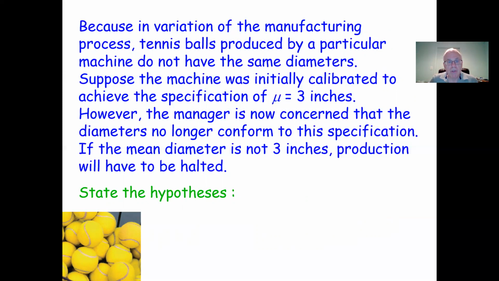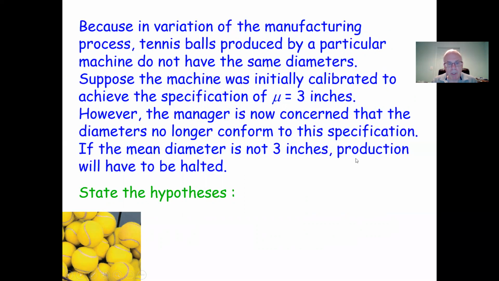However, the manager is now concerned that the diameters no longer conform to the specification. If the mean diameter is not 3 inches, production will have to be halted. So again, the population characteristic is mu, the population value is 3.